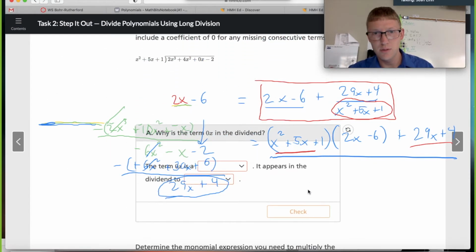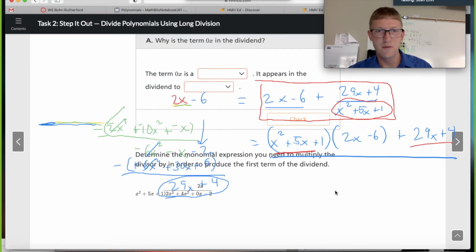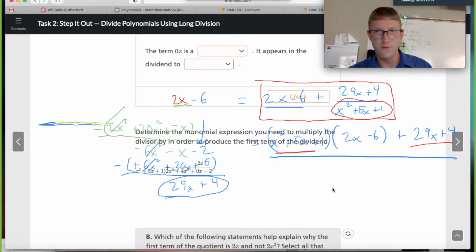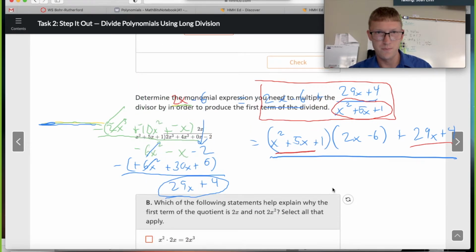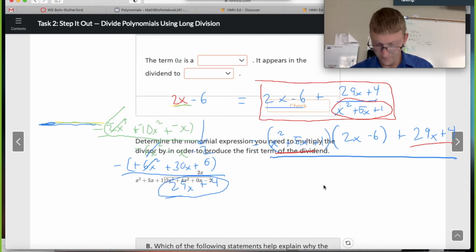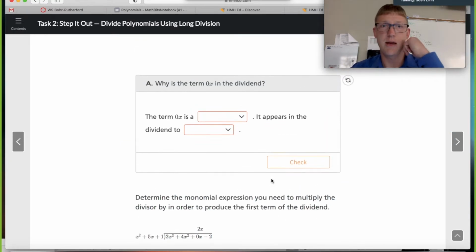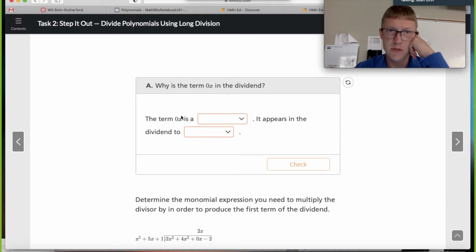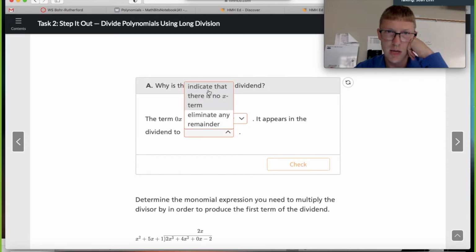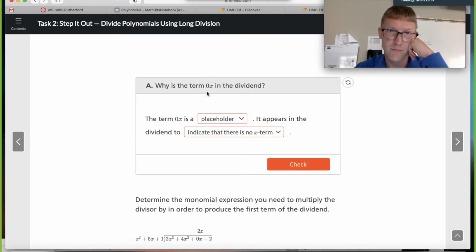So let's see here. I'm sure the book has all this stuff for us. Yeah, so it's going to go through each step. So the term 0x is a placeholder. It appears in the dividend to indicate that there is no x term.